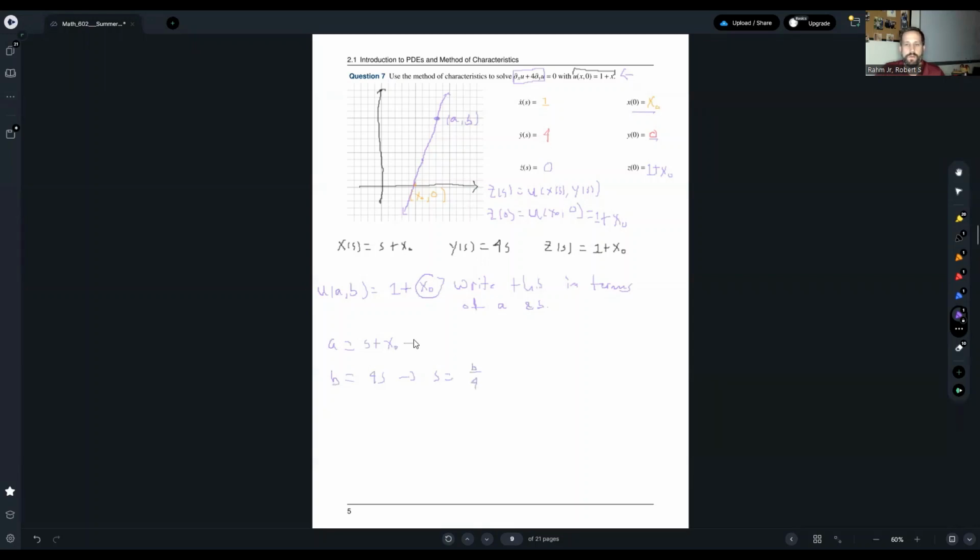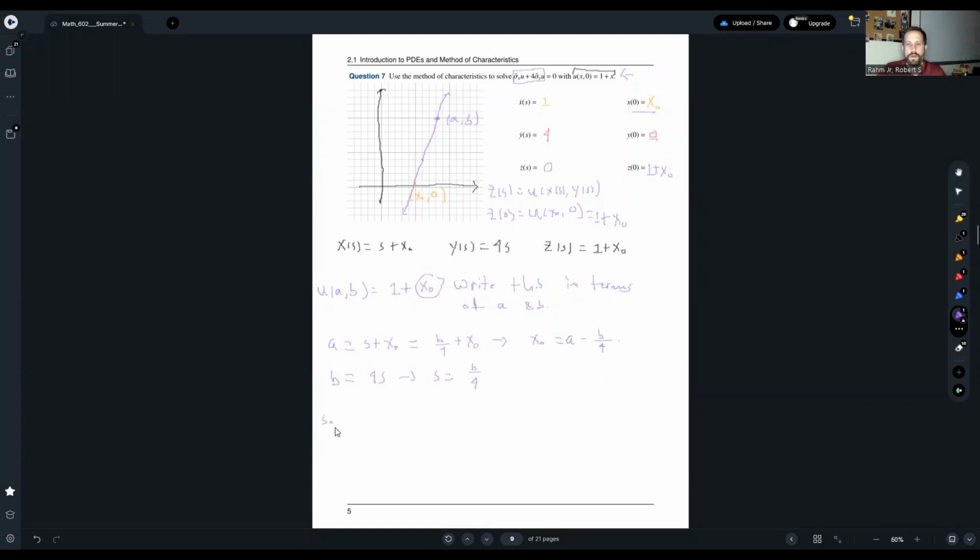Okay, so what does this tell me? s is equal to b over 4. So this is b over 4 plus x naught. I don't know why I did an arrow. That's just equals. These two things are actually equal. And so this tells me that x naught is equal to a minus b over 4.